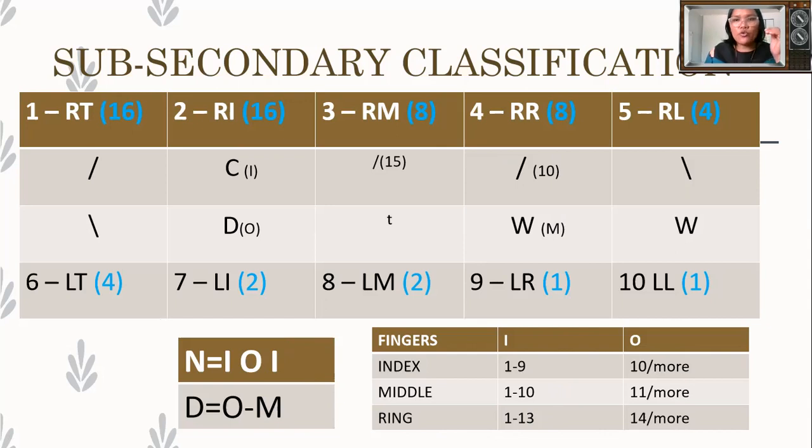But for whorl patterns, if you just consider the ridge tracing, if it is I, M, or O, you just copy. But if it is loop, consider the ridge count and you have to refer to the scale provided depending on the location. If it is index, middle, and ring.